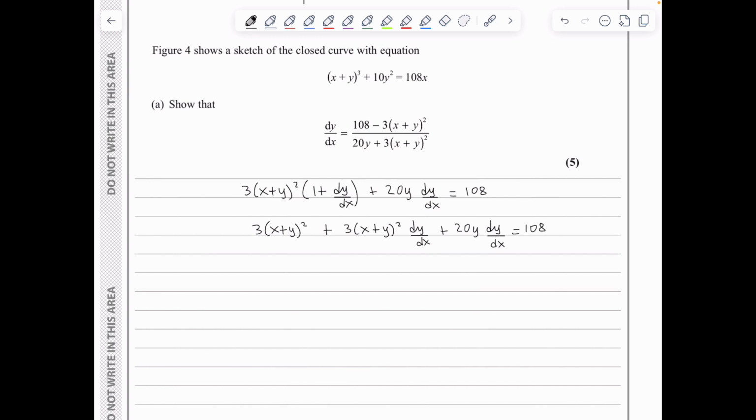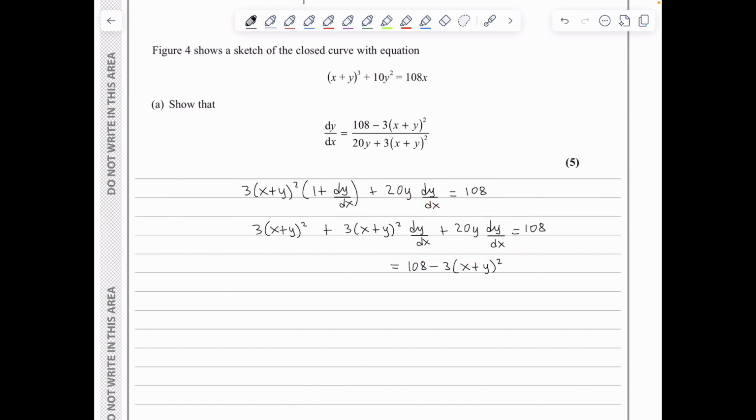Now remember, we're trying to make dy/dx the subject here. So the first thing to do is move the 3(x plus y) squared over to the right hand side, which leads to the right hand side being 108 minus 3(x plus y) squared. And out of the two terms remaining on the left hand side, we see there is a common factor of dy/dx.